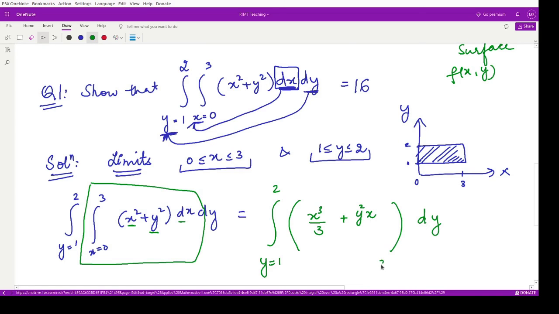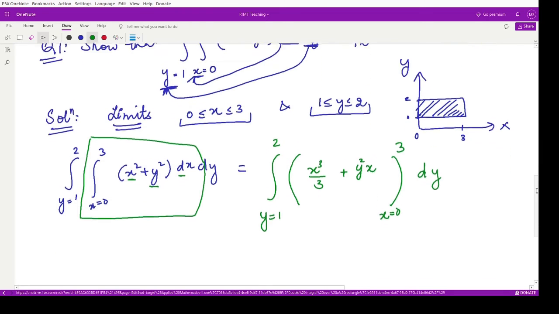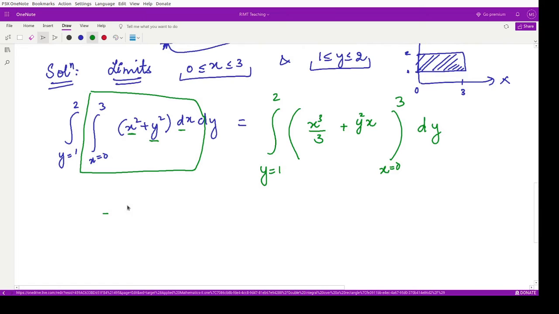And here the limits of x vary from 0 to 3. So you have to substitute the limits of x first. So this would be the integration, y varies from 1 to 2, of 3 cube divided by 3, that is 9, plus 3y square, this is the upper limit, minus the lower limit, that is 0 plus 0.